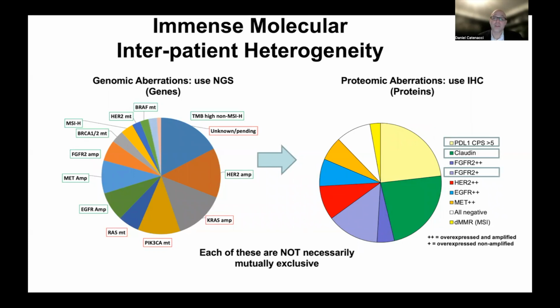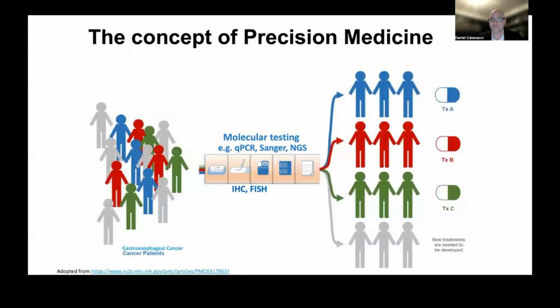The other thing that is misleading from pie charts like this is that on the surface, it looks like each patient neatly fits into each one of these categories. But as I pointed out, some patients' tumors could be positive in multiple biomarkers, and therefore these genetic and protein events are not necessarily mutually exclusive.